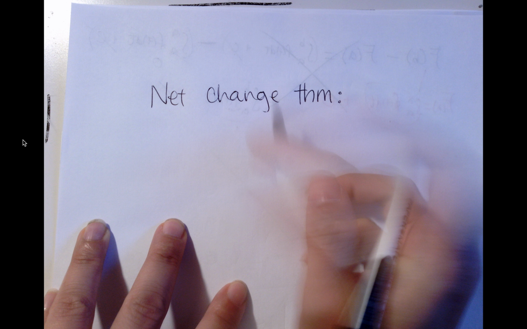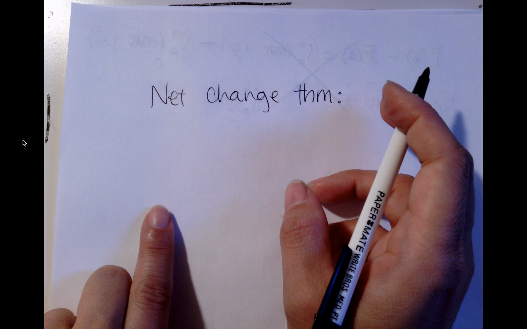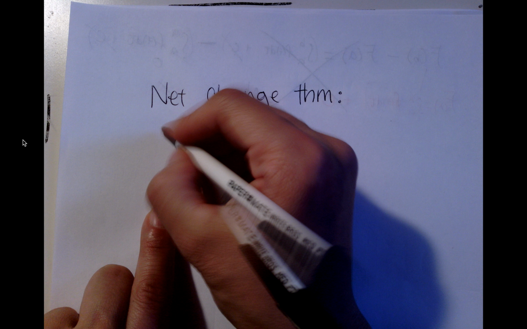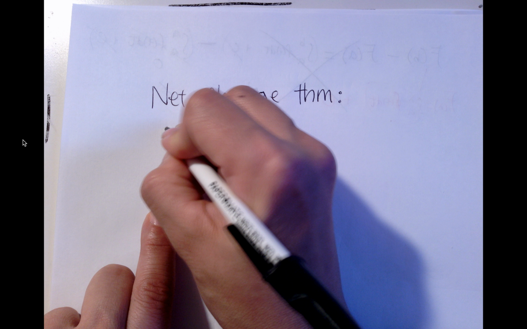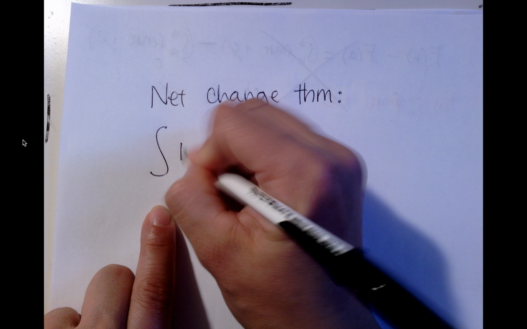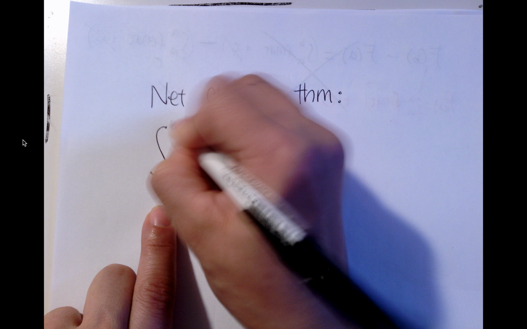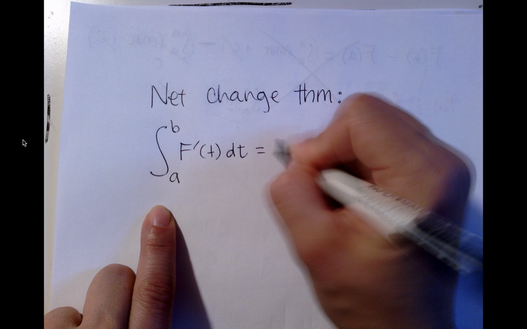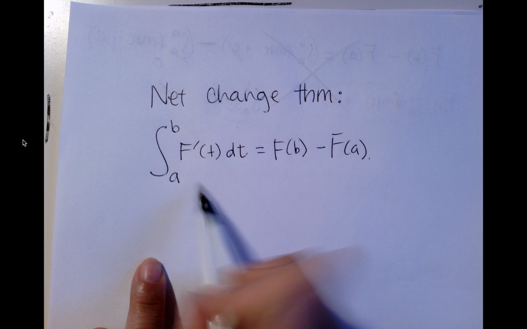If all the conditions are satisfied, and you can look at the more detailed presentation in your textbook, then what the fundamental theorem of calculus part 2 is saying is that the definite integral of f prime of t dt is given by f of b minus f of a.